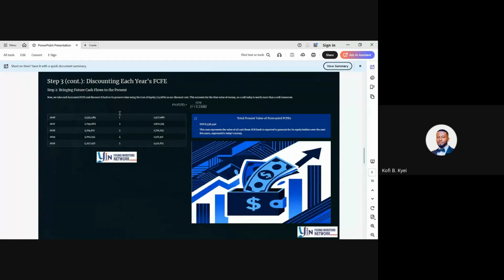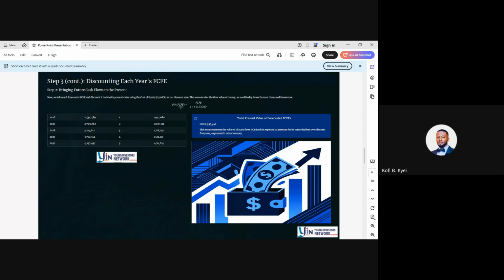So FCFE 2434,489 divided by bracket 1 plus 0.2308, then the exponent, the time. All right, when you apply the figure, you come by this result, 1.98.